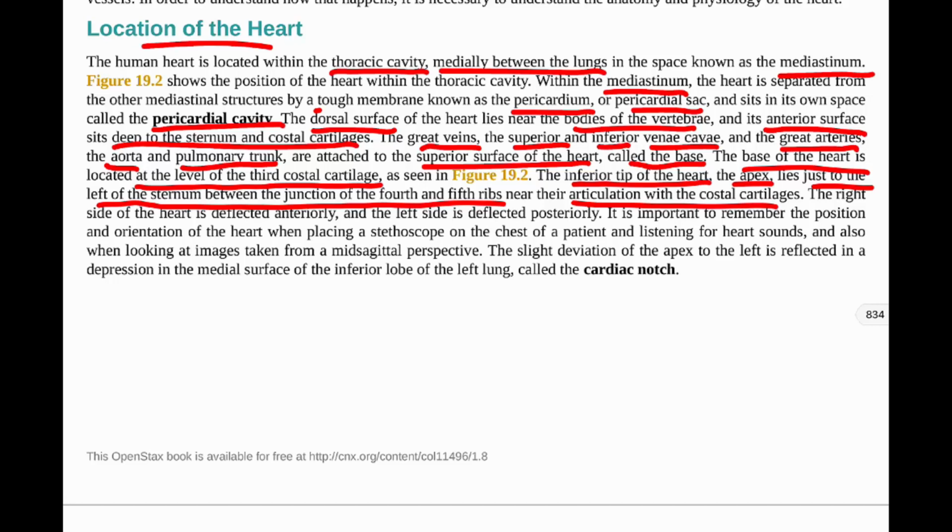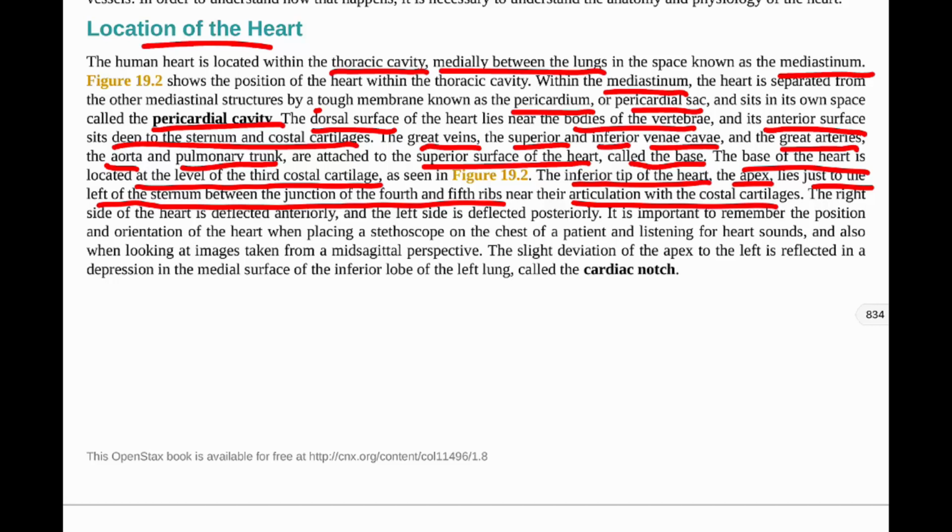That's important to understand: the heart is not perfectly symmetrical, centered right underneath the sternum. It is underneath the sternum. However, the bottom part, the apex, actually points toward the left, and we'll see that difference as we work through the cardiovascular system.